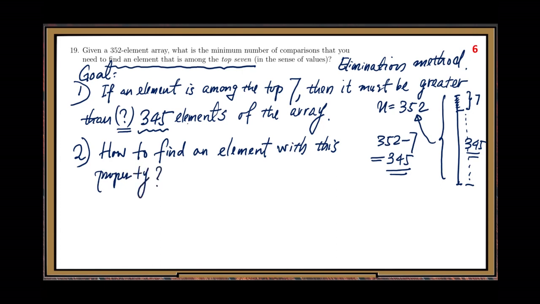Here we can interpret this greater-than property as elimination. We eliminate 345 elements by comparison.